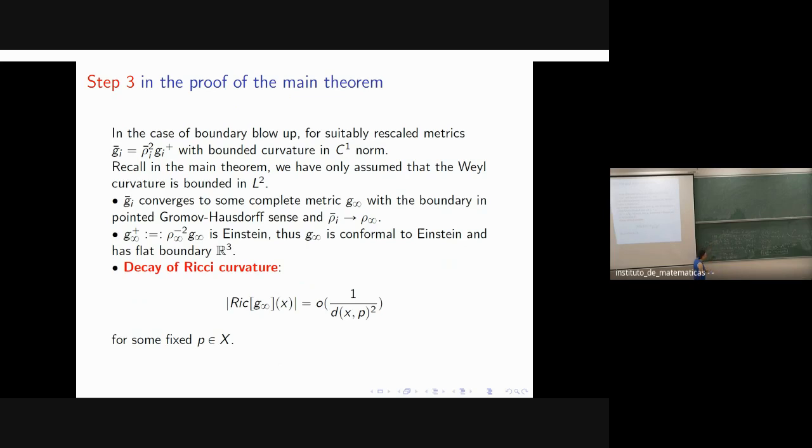That's our assumption. And then we want to say this same program works. Okay, the limiting metric is on a standard model case. So in that case, what we do is the following. So here is a description of step 3 for the main theorem.